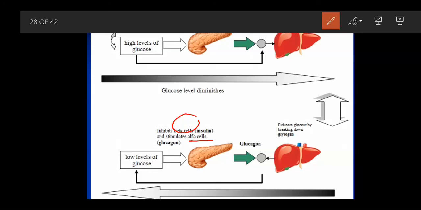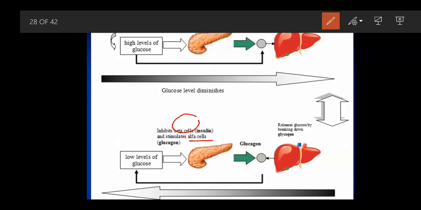Glucagon will only work when there is low concentration of glucose, and for that reason it will stimulate liver cells to convert glycogen to glucose, and also to stop the oxidation of glucose to carbon dioxide and energy. And finally, it will also inhibit the liver cells from converting glucose to fats, and at that particular time glucose will be brought back to normal.